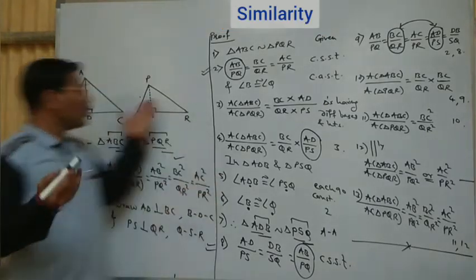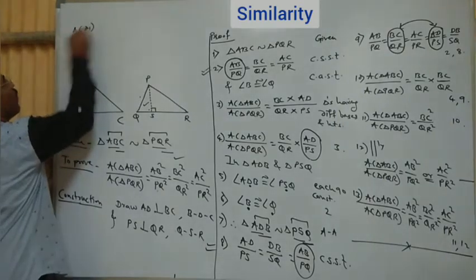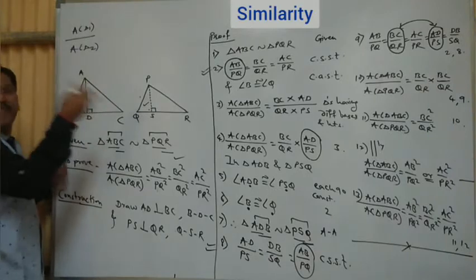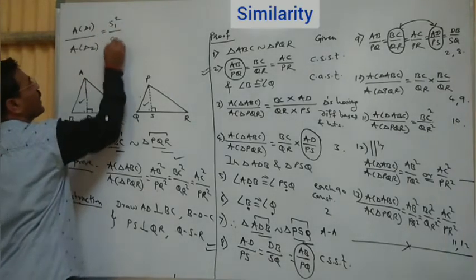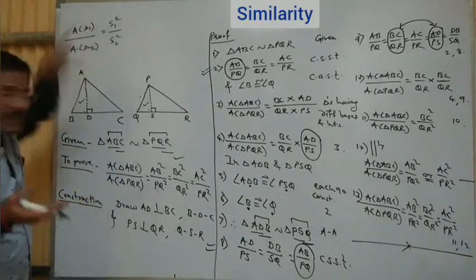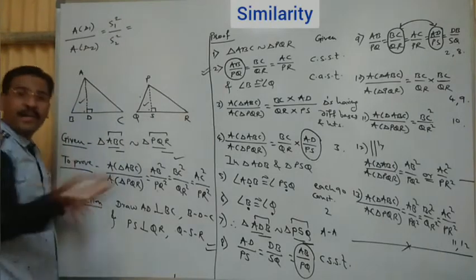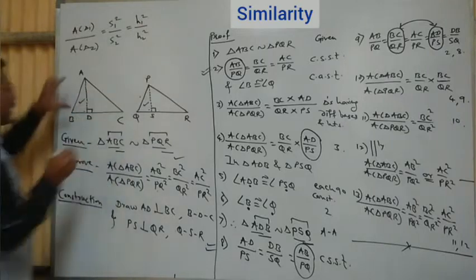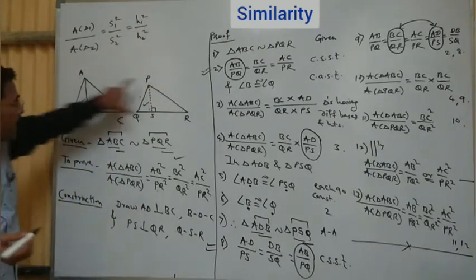Look here, I will write: area of triangle 1 upon area of triangle 2, where these two are similar, is S1 square upon S2 square. These are corresponding sides. So instead of sides, you may write altitudes or heights also. That is height H1 square upon H2 square, where H1 means AD and H2 is PS.